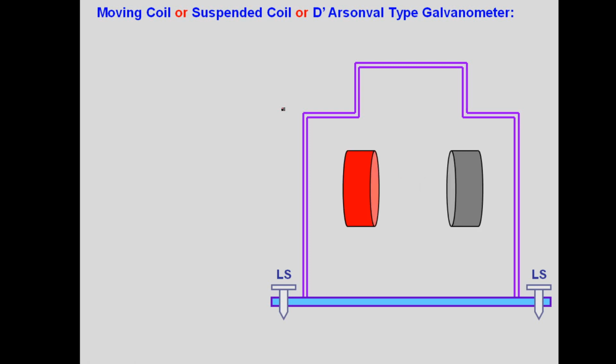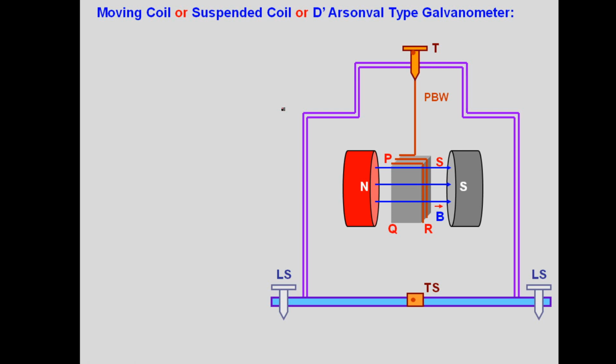So here we have two magnetic poles, north and south, giving magnetic field in this way, north to south. And here we have a rectangular coil suspended in the magnetic field. Terminals are there. There is a hair spring also and a mirror also.